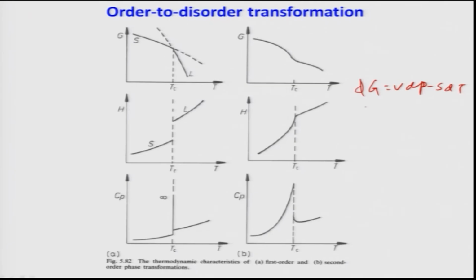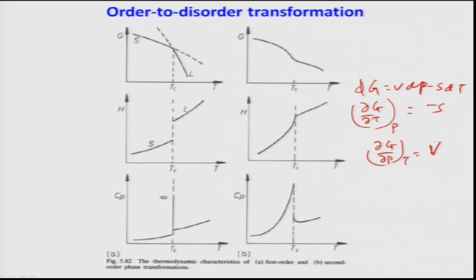Now, I can write the differential form: del G by del T is basically minus S at constant pressure, and del G by del P at constant temperature can be written as the volume. So, these are the first order derivatives of the free energy with respect to temperature and pressure.